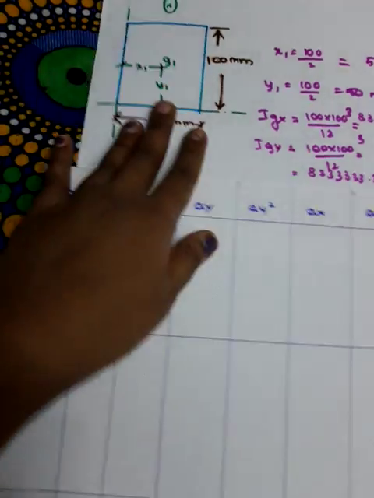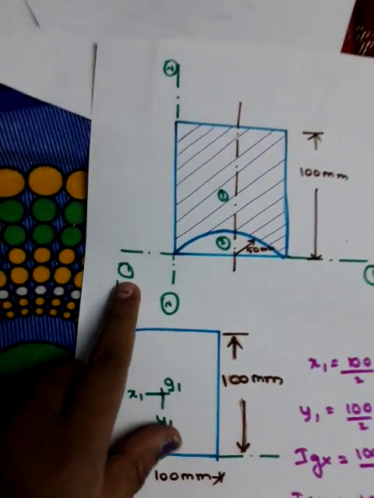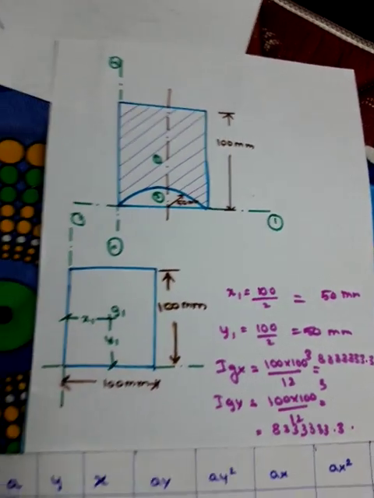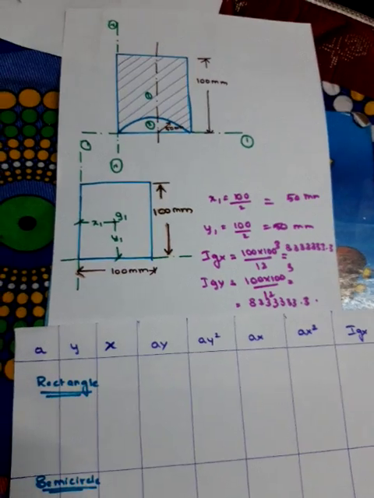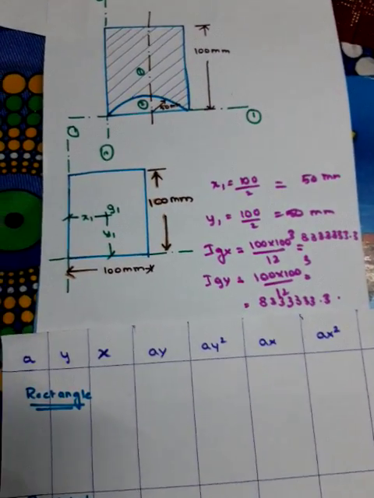In this figure, they have given with respect to the 1 axis, so you get y, and with respect to 2 you get x.